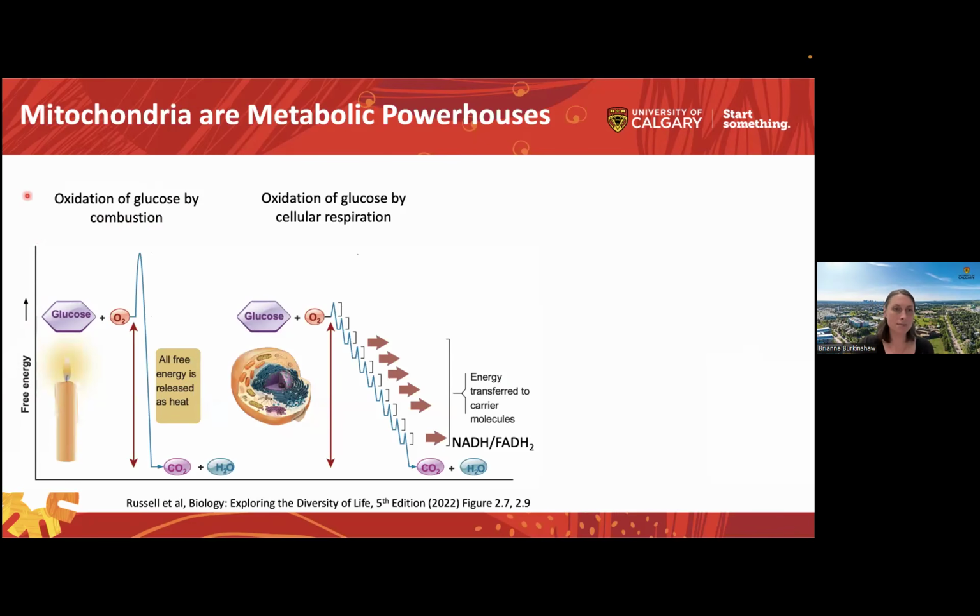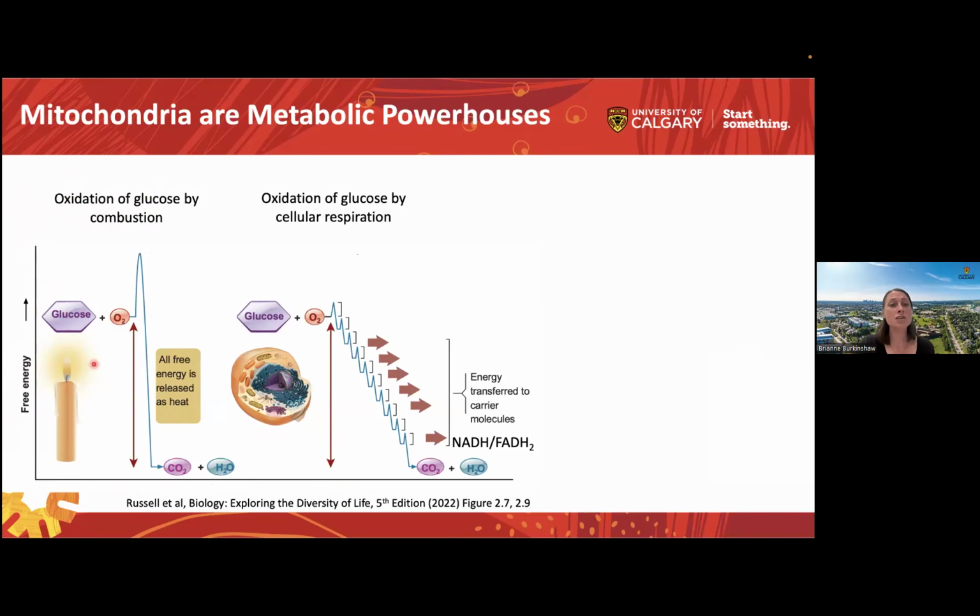In this diagram, on the y-axis, we have free energy. On the x-axis, we have progress of a reaction. Oxidation of glucose can happen just by reaction of glucose with oxygen to form carbon dioxide and water.